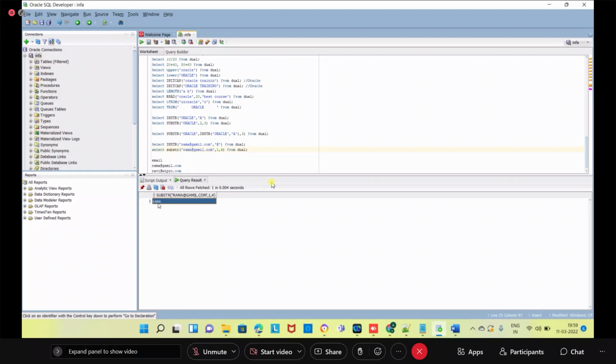So if you see here, I'm getting Rama, but this four should be a dynamic value.